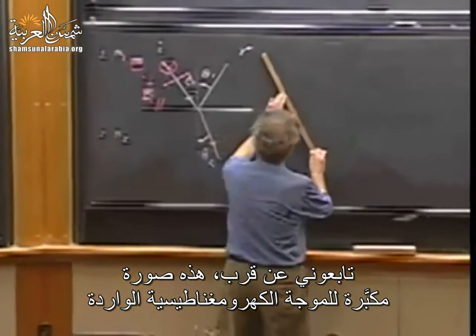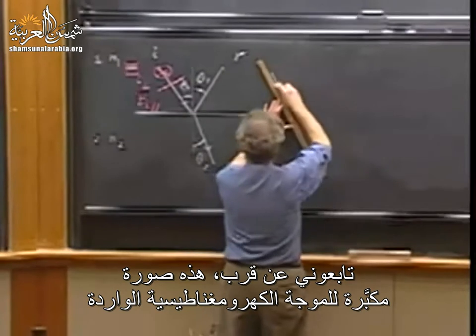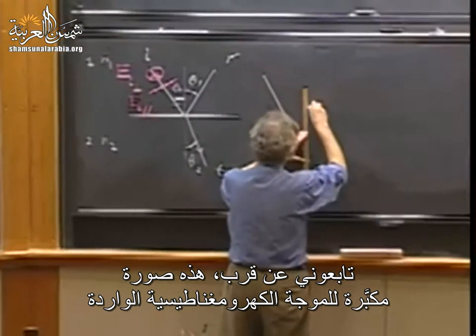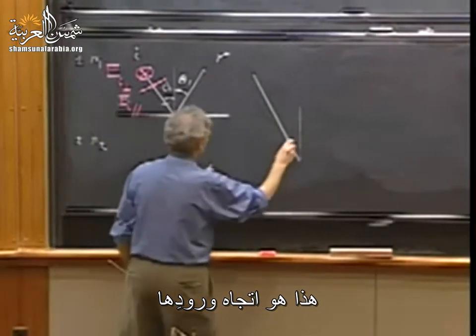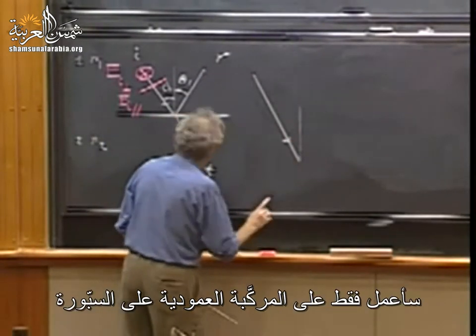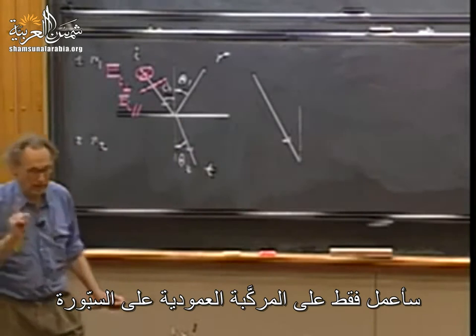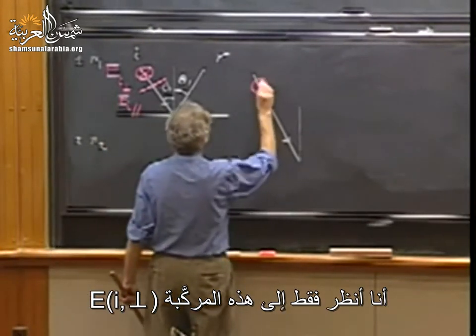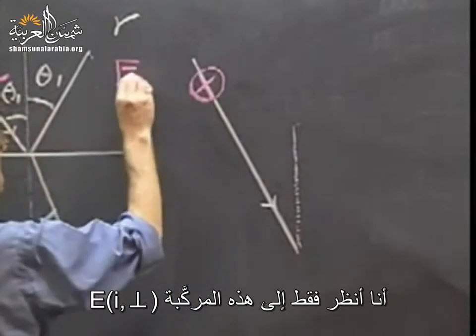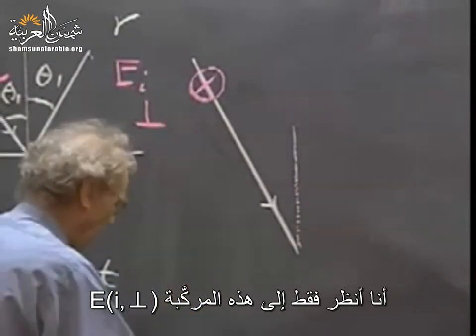Follow me closely. Here is an enlargement of the incident electromagnetic wave. This is the direction that it comes in. I will only do the component perpendicular to the blackboard. So I'm only looking at this component, E incident perpendicular.